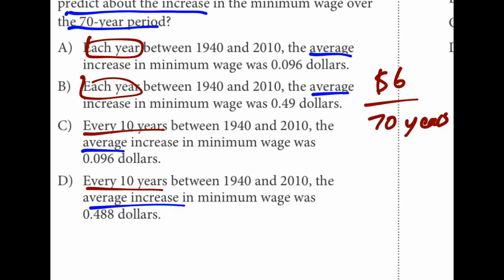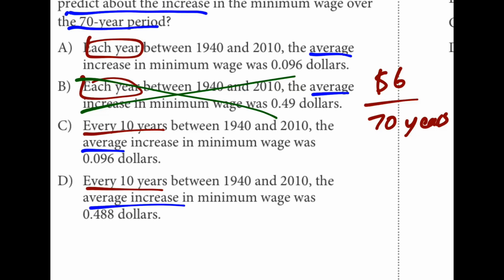So let's try to rule some out. Choice B says that the average increase in minimum wage was 50 cents for every year. So then it would have gone up by $35, which is not true. Choice C says that every 10 years it went up almost 10 cents. So that would mean that it goes up 96 cents over 70 years.